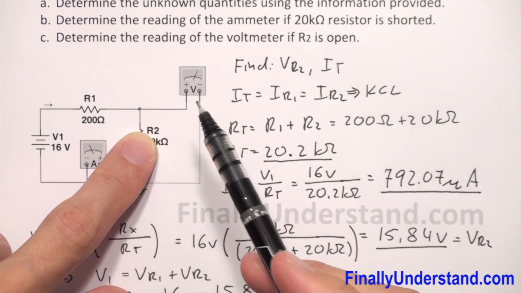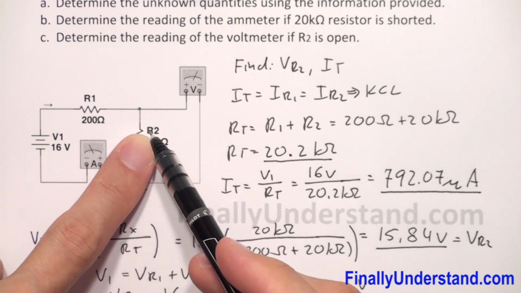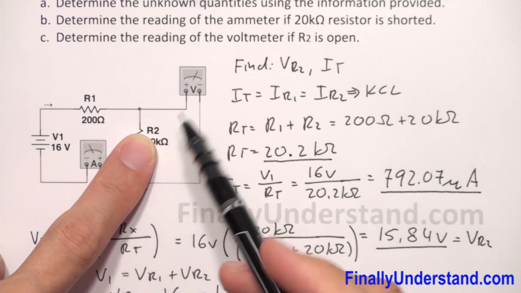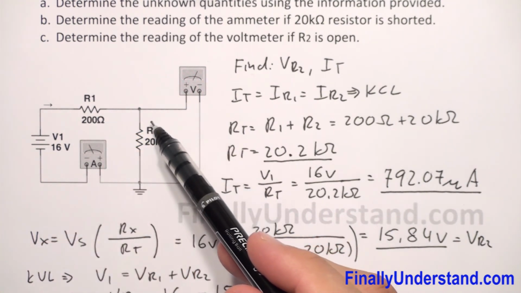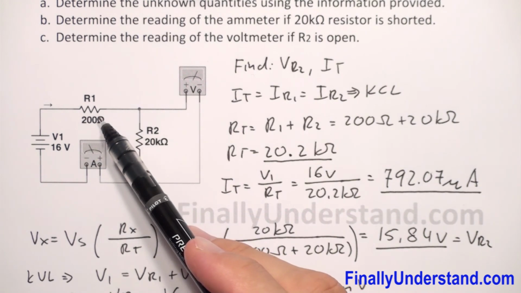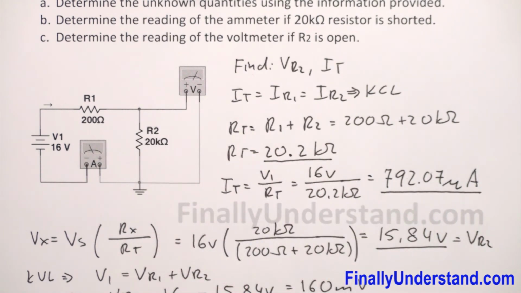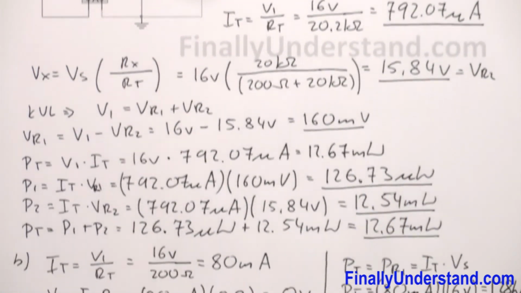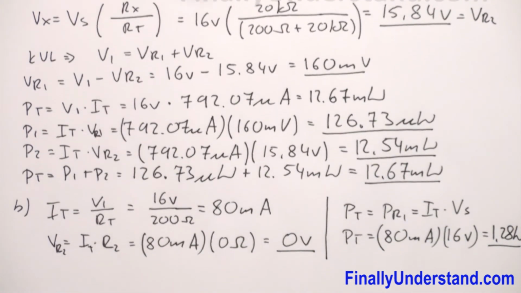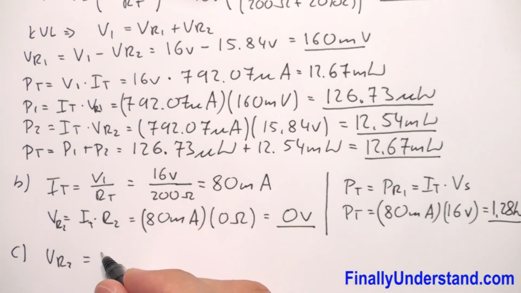And keep in mind that KVL says that the voltage source is equal to V1 plus V2. So if the entire voltage concentrates across resistor R2, the voltage across resistor R1 is 0, and the voltage across resistor R2 is equal to 16 volts, because this is an open circuit. So part C, VR2 equals 16 volts.